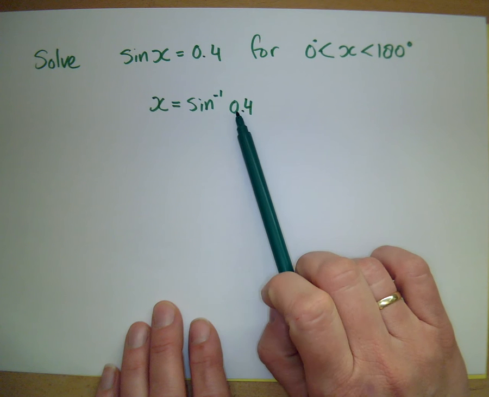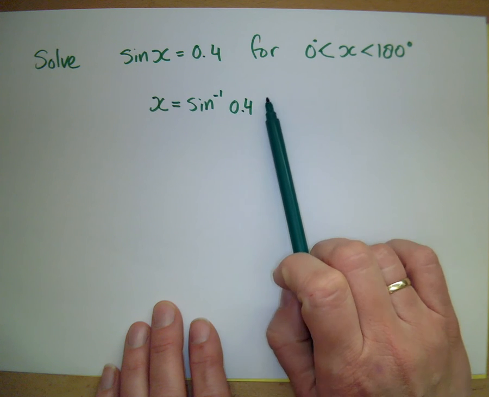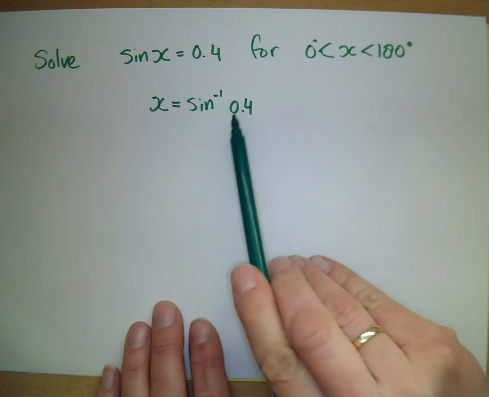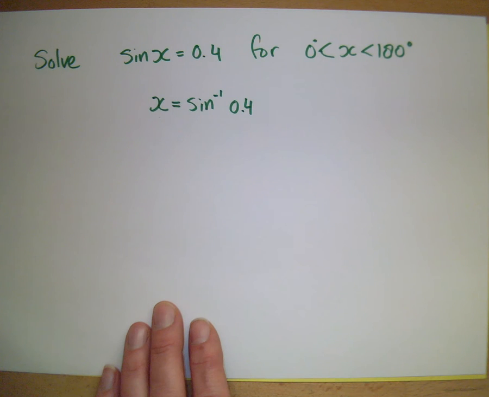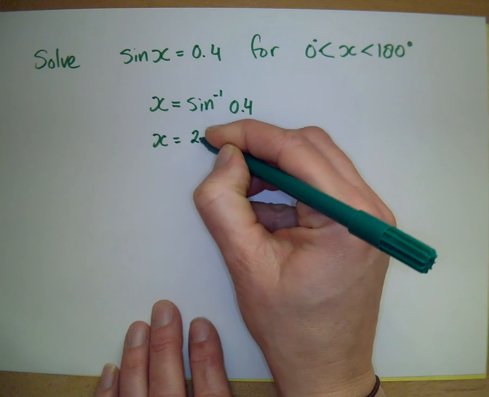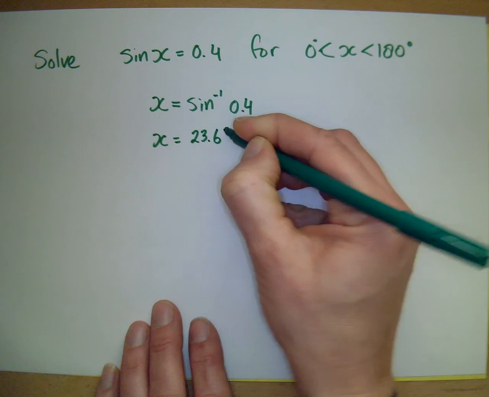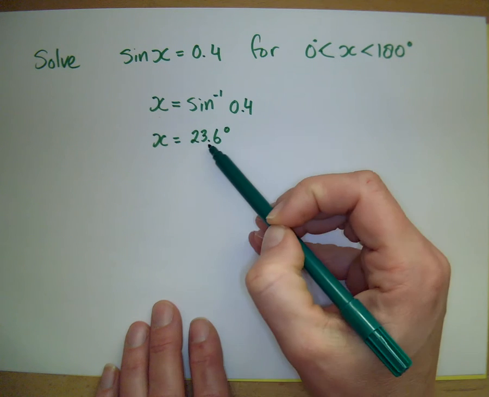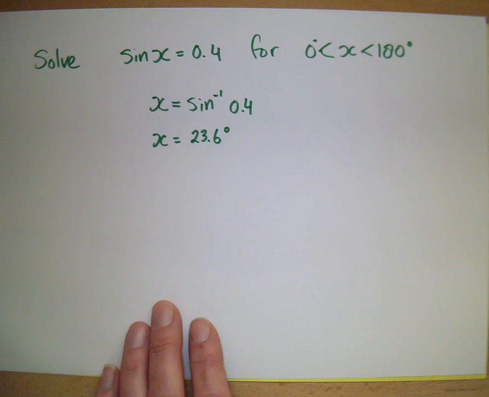Usually you put 0.4 and then hit inverse sine, and it'll give you the x value. If I do that in my calculator, it tells me that x equals 23.6 degrees. So the inverse sine of 0.4 is 23.6 degrees.